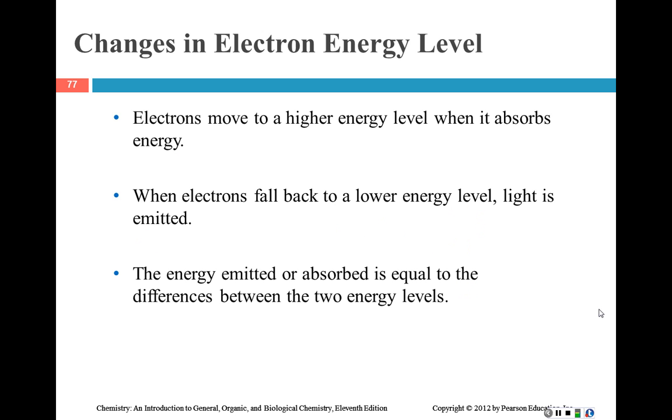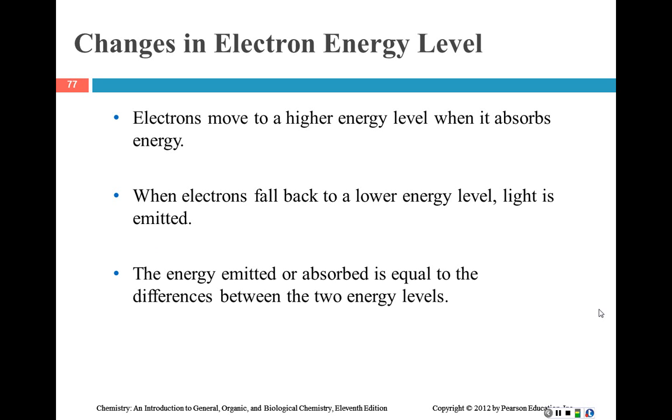Electrons will move from a low energy to a high energy by absorbing energy. If you hit it with some type of energy to excite it, as they call it, it will actually jump up to a higher energy level.